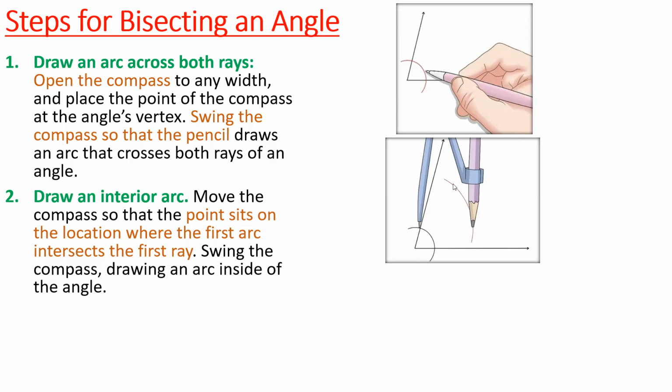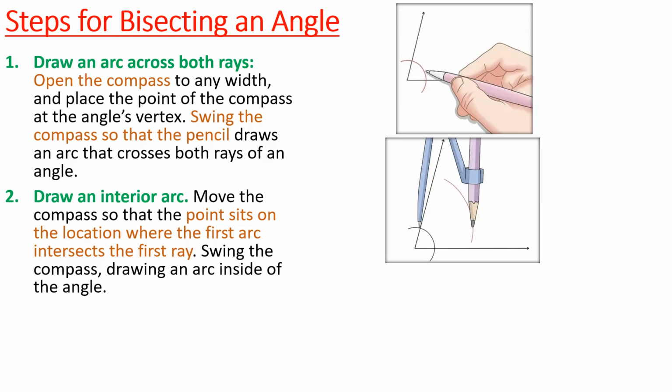Joseph, I need you to read the second step. Draw an interior arc. Move the compass so that the point sits on the location where the first arc intersects the first ray.